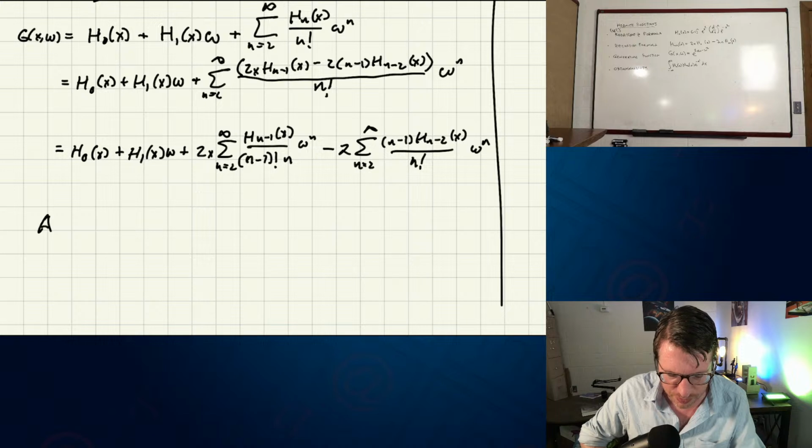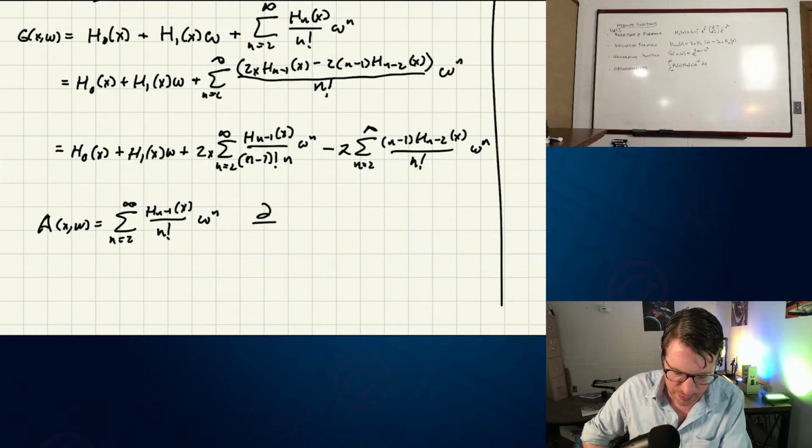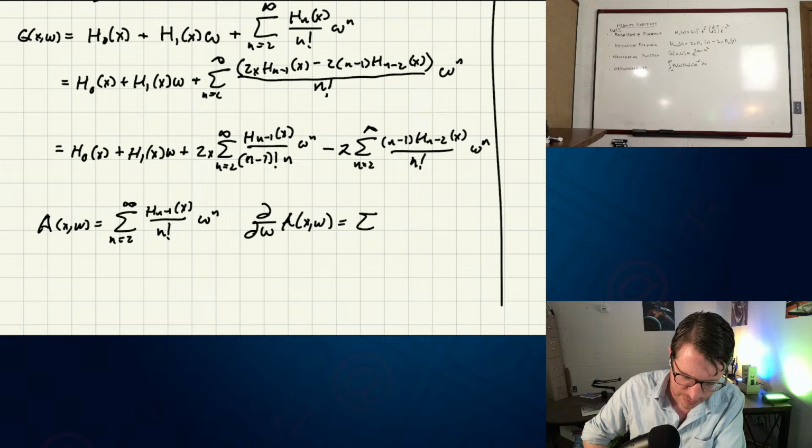So if I were to write a of xw as the sum of n equals 2 to infinity of hn minus 1 of x divided by n factorial w to the n, well, if I take the partial derivative with respect to w of a of xw, then that gives me the sum n equals 2 to infinity of hn minus 1 of x divided by n factorial, and then we have n times w to the n minus 1.